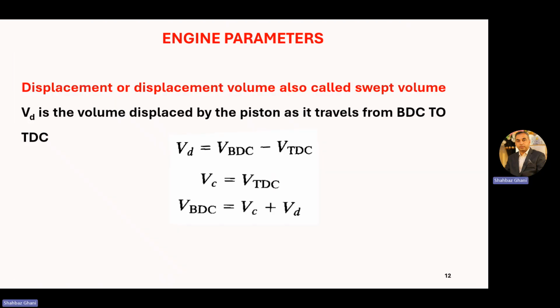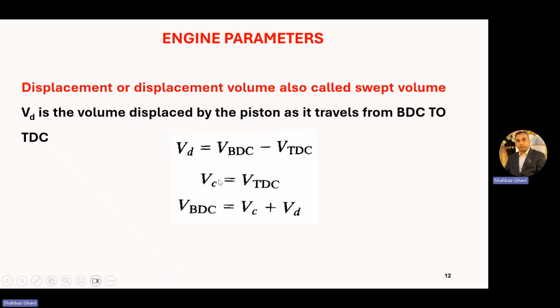Now, displacement volume, as we know, also known as the swept volume, VD, is the volume displaced by the piston as it travels from BDC to TDC. So the displacement volume is volume at BDC minus volume at TDC. As you know, when the piston is at TDC, the volume in the combustion chamber or the cylinder is the clearance volume at that time.